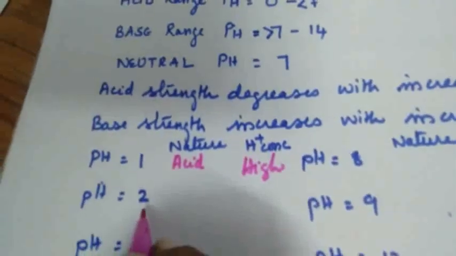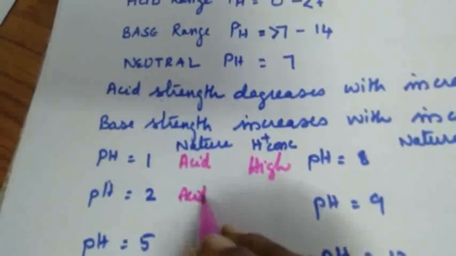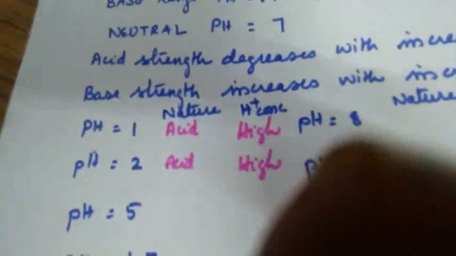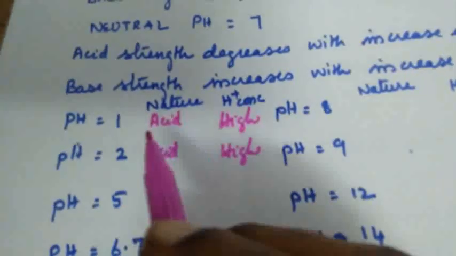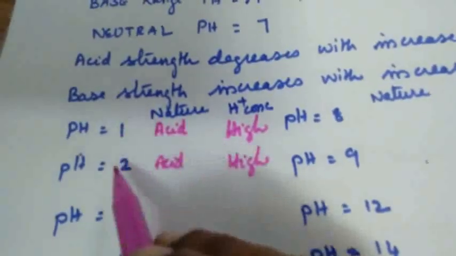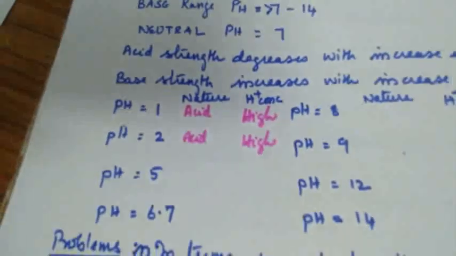When we take pH 2, whether it is acid or base, again it is acid. What is the concentration? Again it is high. pH 1 and 2 have very high concentration of H plus. When I compare the two, pH 1 has a higher concentration than 2, and 2 has the lesser concentration.